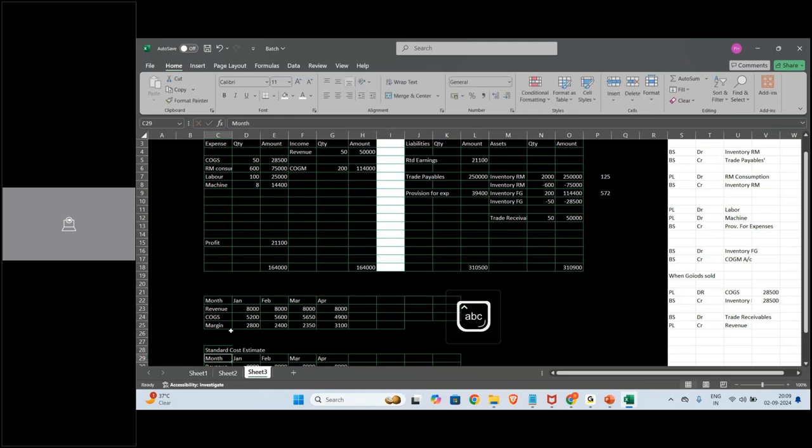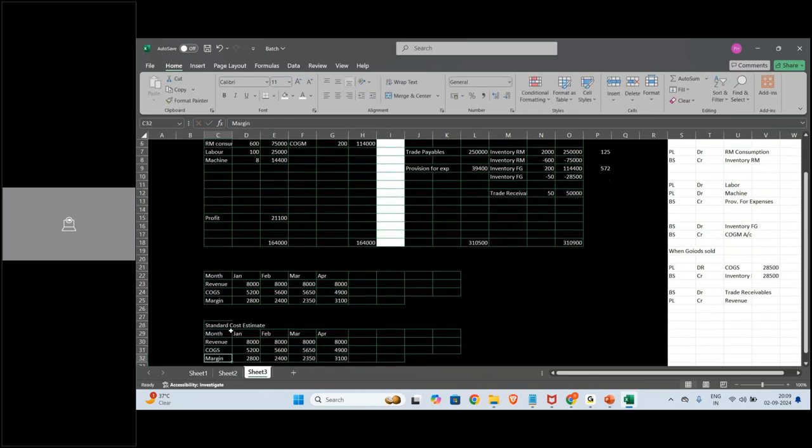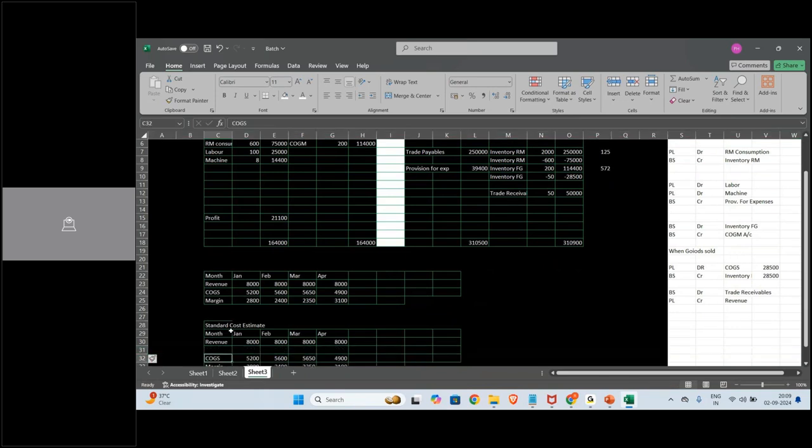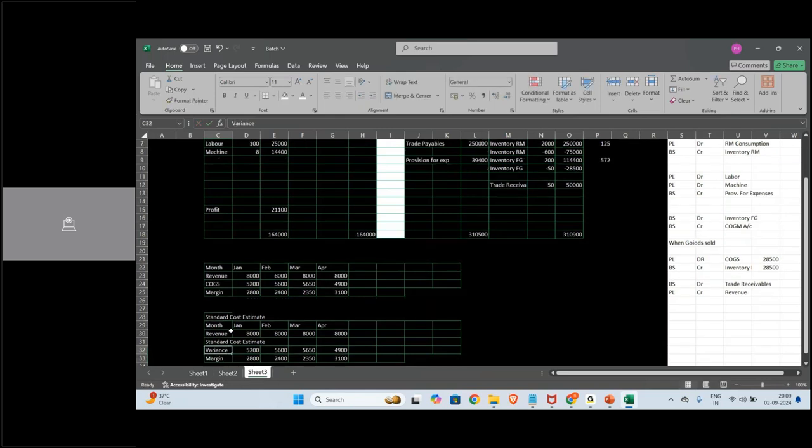Now with this standard cost estimate, we have one more column here. We take standard cost, and price difference. The standard cost of this material is always 5,000 for this year. But in this month there is a price variance.